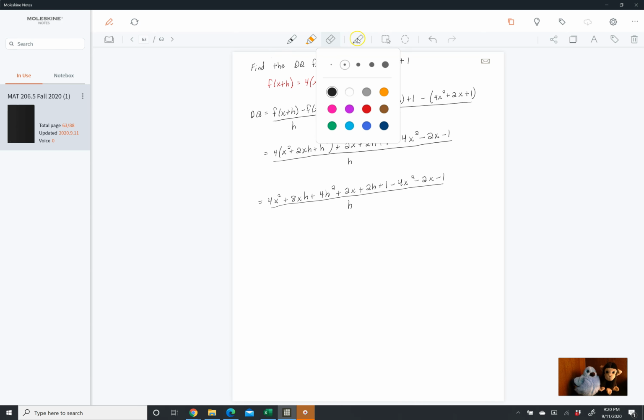And then we said the next thing to do would be to combine our like terms. We have a negative 4x squared and a positive 4x squared. Notice it's a term without an h. It cancels. The 8xh has an h. It's not going to cancel. Same thing with the 4h squared. But 2x will cancel. If it doesn't cancel, you made a mistake in your algebra. The 2h has an h. We leave it. The 1 cancels.